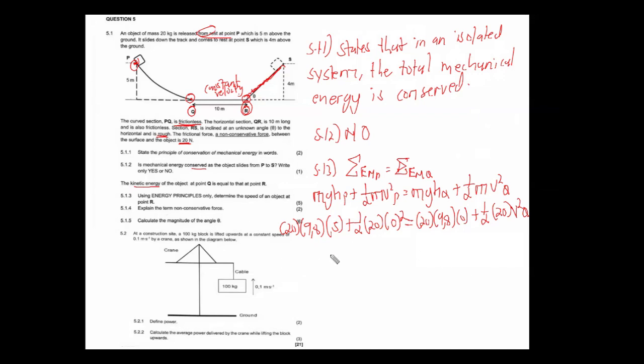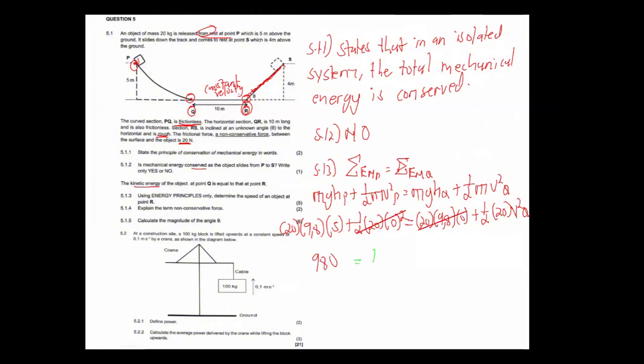Now we have 20 multiplied by 9.8 multiplied by 5, which will give us what? 980. This one, all of it will just give us 0. And then also this one, all of it will just give us 0. And then half of 20, that's 10.